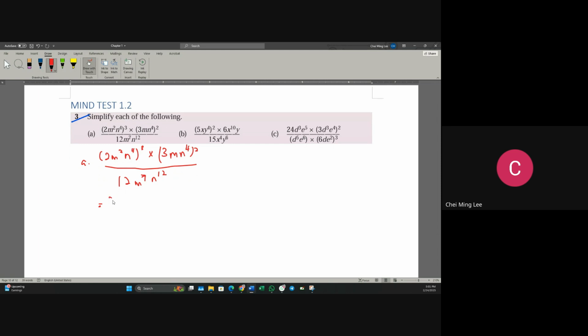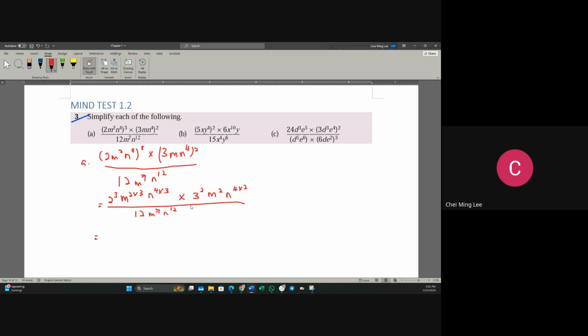So this one is 2 to the power of 3, then m 2 times 3 and n 4 times 3. Then whole thing multiply with 3 to the power of 2, m to the power of 2, and n 4 times 2. Then whole thing divide by 12, m^7, and n^12.